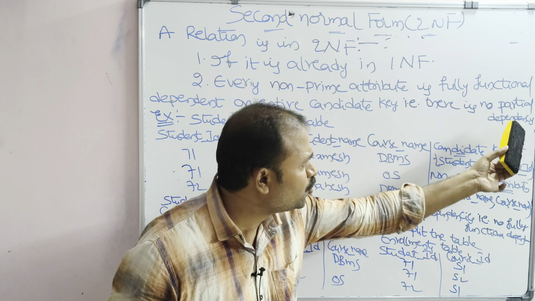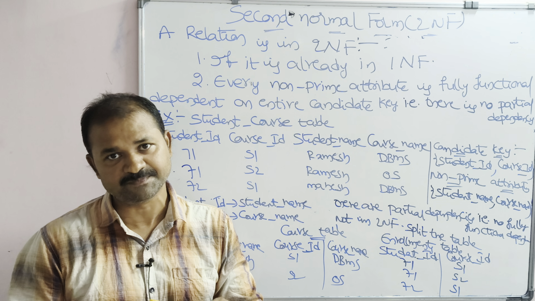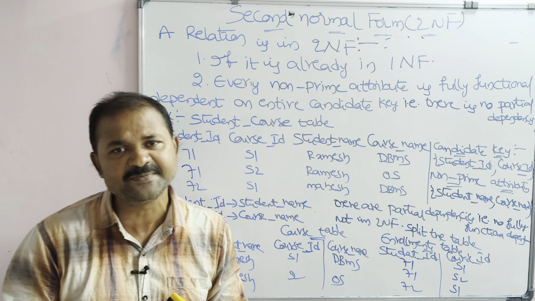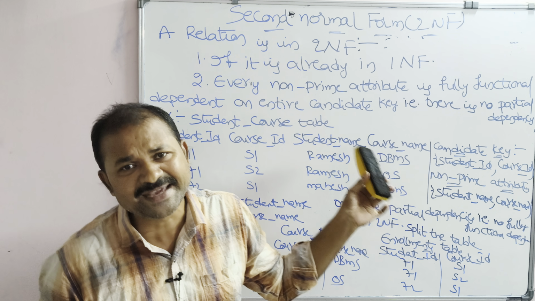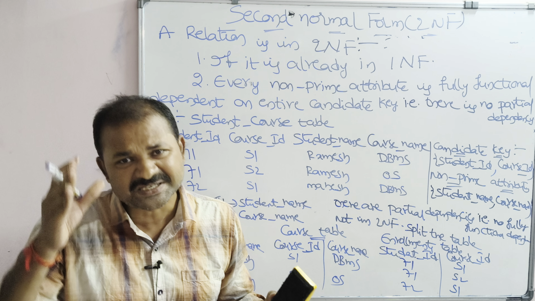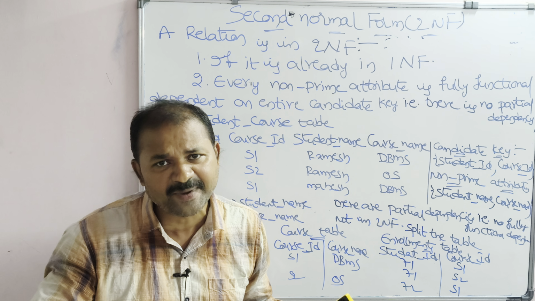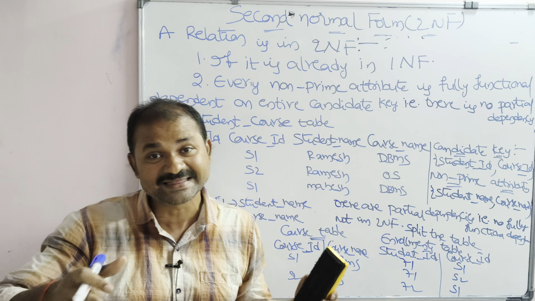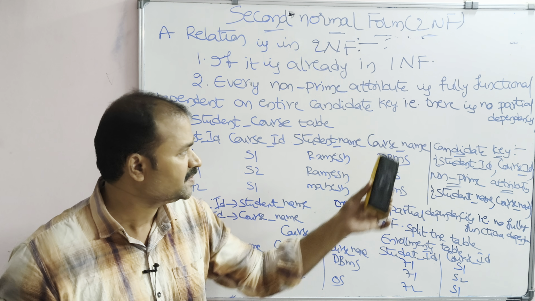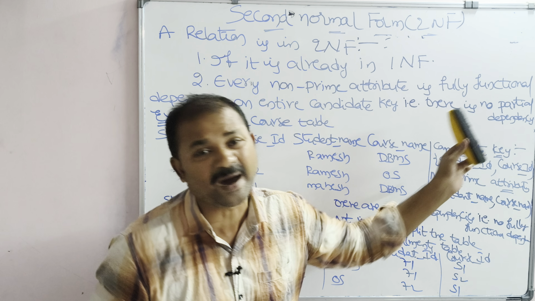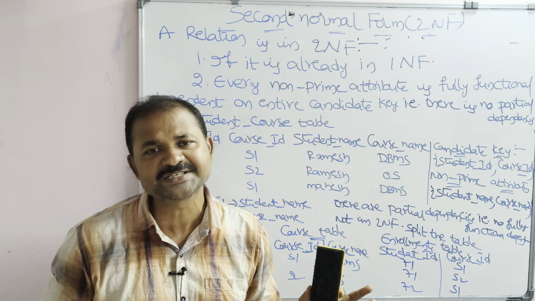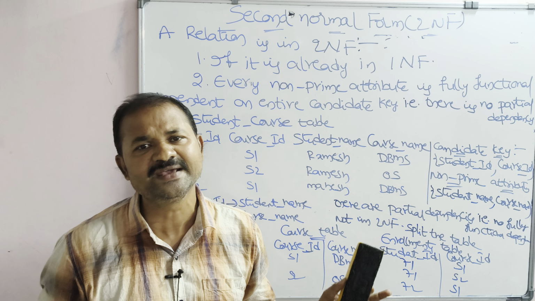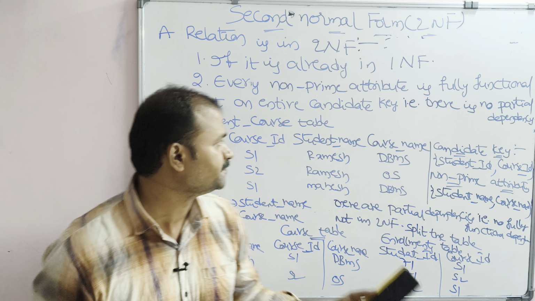That is, there is no partial dependency. Partial dependency means a non-key attribute is functionally dependent on part of the candidate key rather than the entire candidate key. Here there is no partial dependency. That means we have to maintain fully functional dependency.